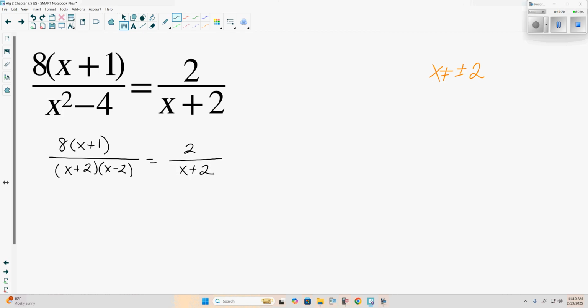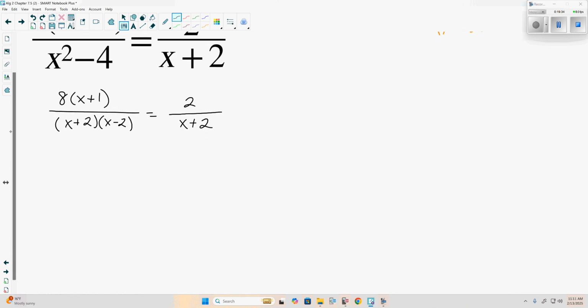So this problem here, I'll tell you that x squared minus 4 factors as x plus 2 times x minus 2. We feel good about that. That also means that the restrictions are that x cannot be positive or negative 2.